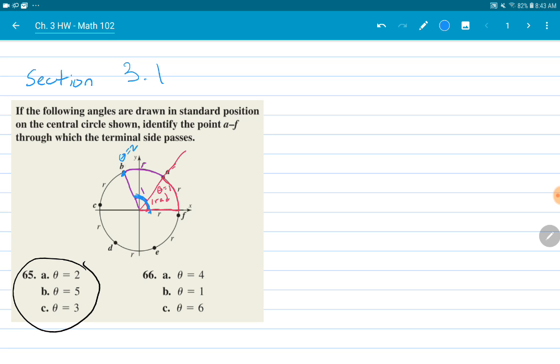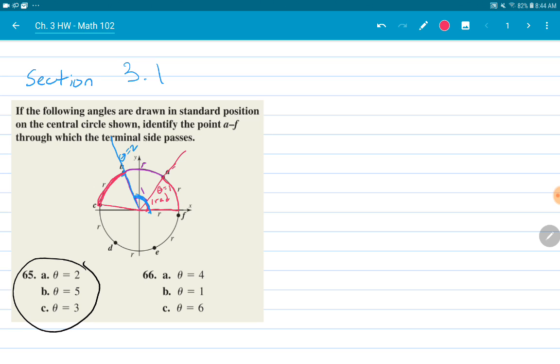So B is on the terminal side of the angle that is 2 radians. And going all the way around, let's do red again. If I go another radius, the length between B and C, that arc length is 1 radius.